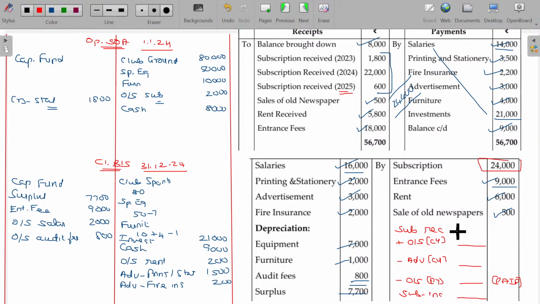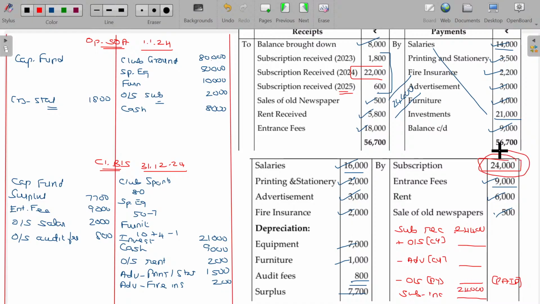24,000 is nothing but received. What about this 22,000? No. Received is how much? 24,400. 24,400 being received. Income is 24,000.